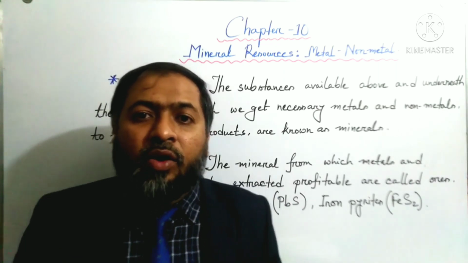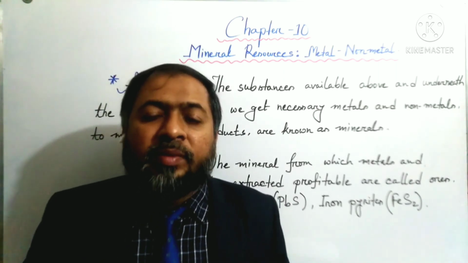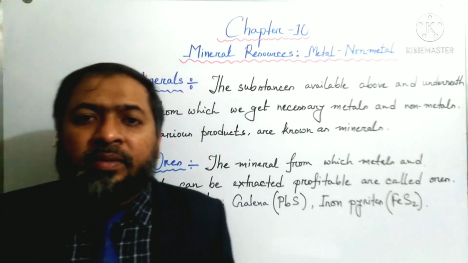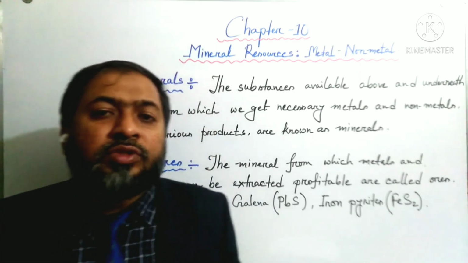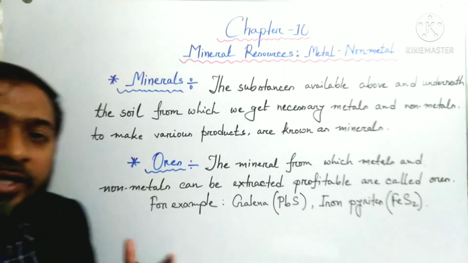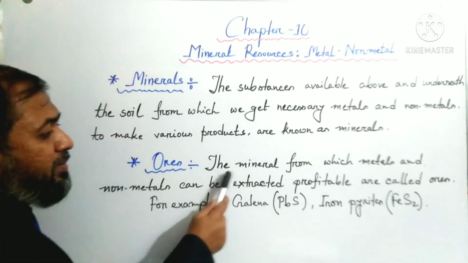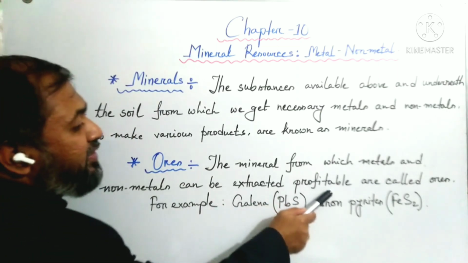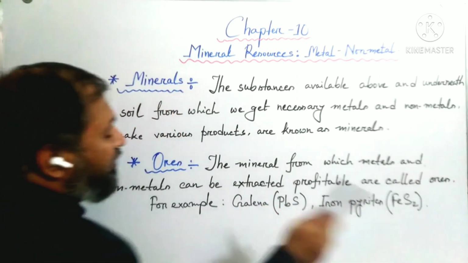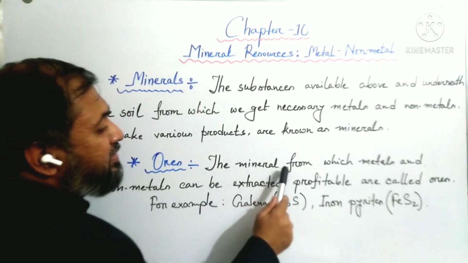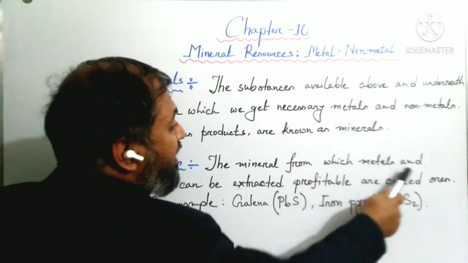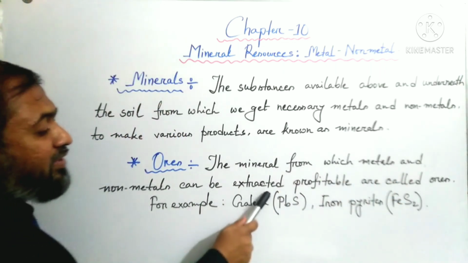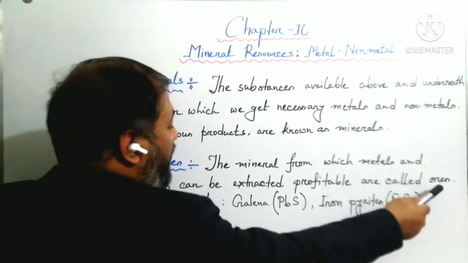So depending on profitability, we can classify minerals in another group which is known as ores. So what actually are ores? The minerals from which metals and non-metals can be extracted profitably are called ores. I repeat once again, the minerals from which metals and non-metals can be extracted profitably are called ores.